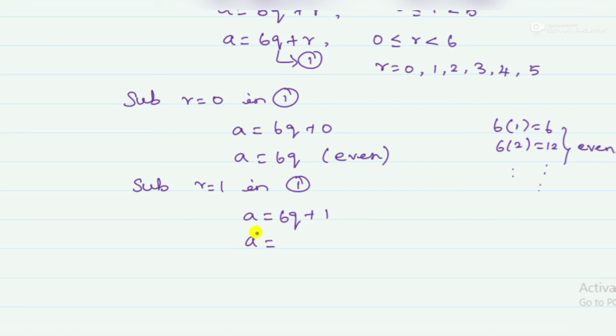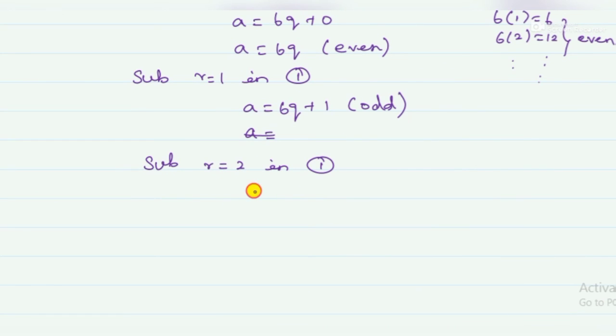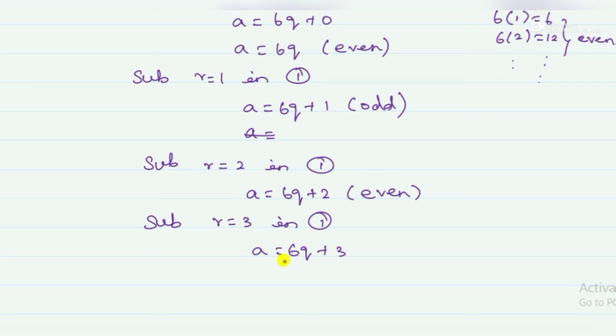Even number plus 1 will give you an odd number only. Let us substitute r equal to 2 in the same equation 1. a equal to 6q plus 2. 6q is an even number, plus 2 will become even only. Substitute r equal to 3 in 1. a equal to 6q plus 3. So even number plus 3 is an odd number.